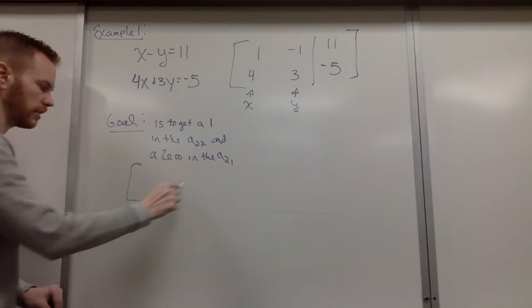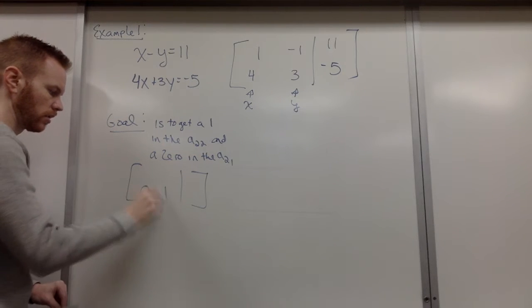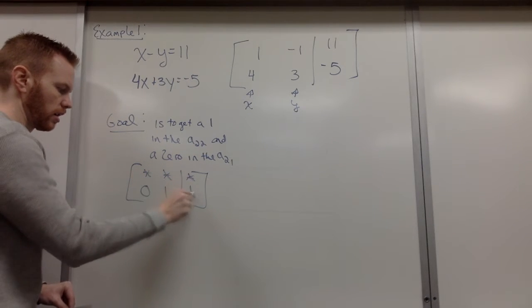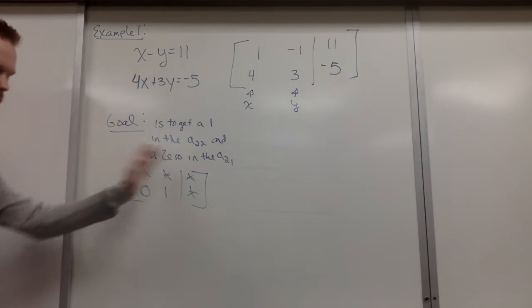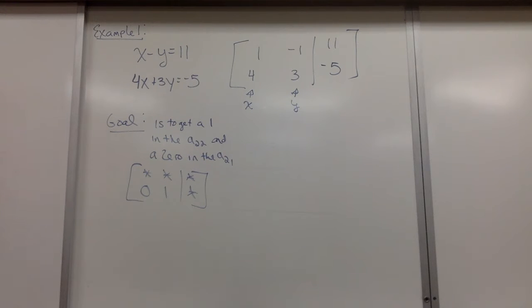So it's going to look like this. This is what I want. The little asterisk here is just other numbers, but that's what I want.